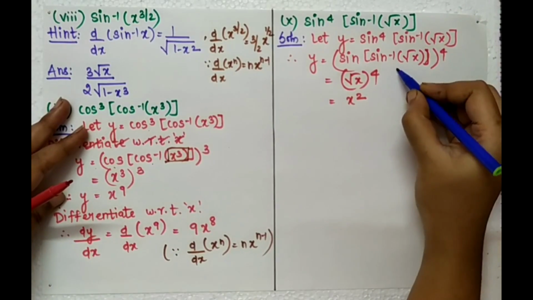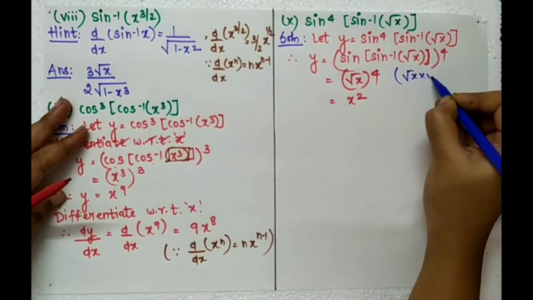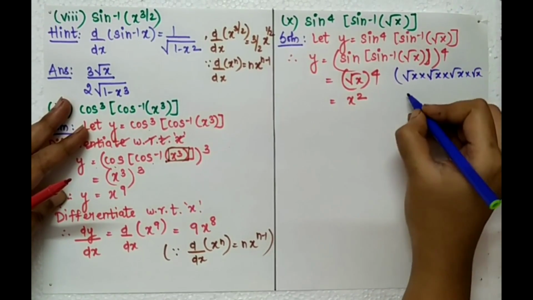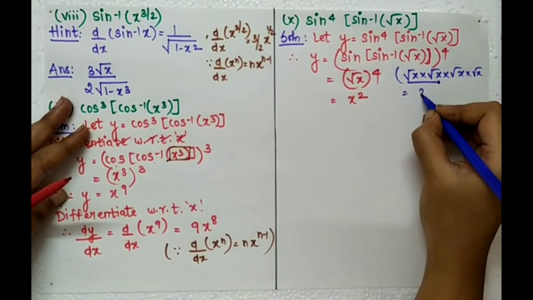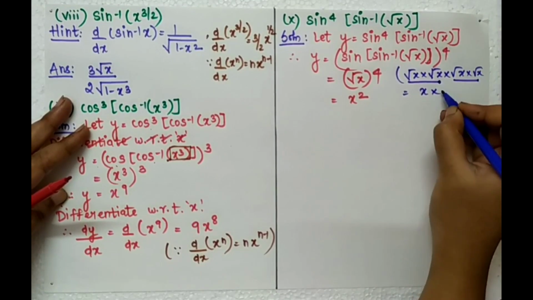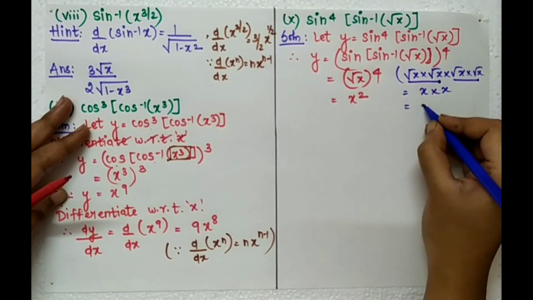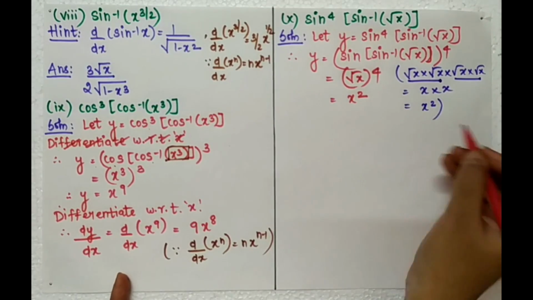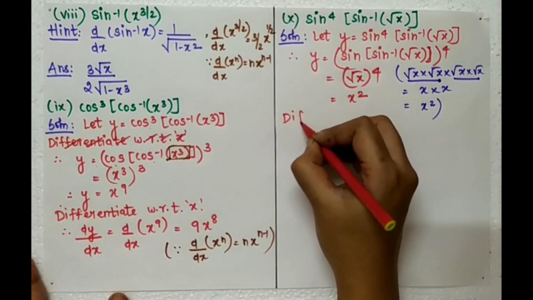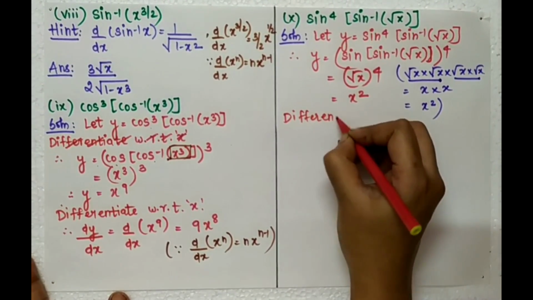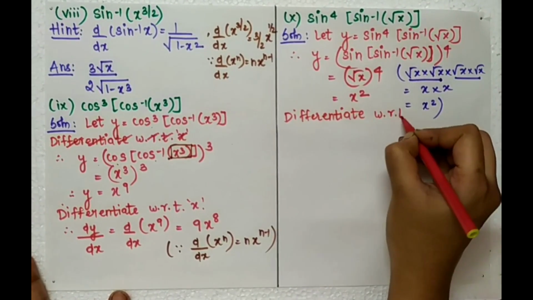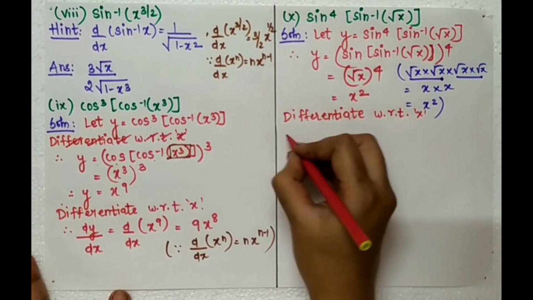For your understanding, write root x 4 times. Root x and root x becomes x. Again root x and root x becomes x. So this is equal to x square. So now it is easy to differentiate. So we differentiate with respect to x.